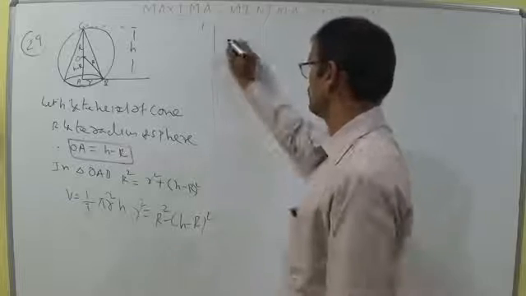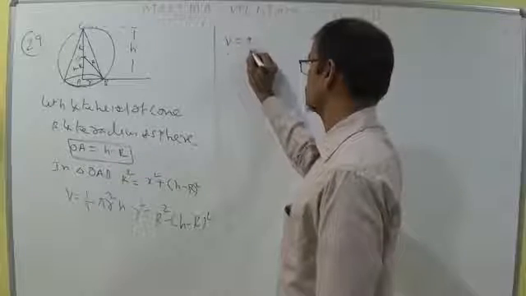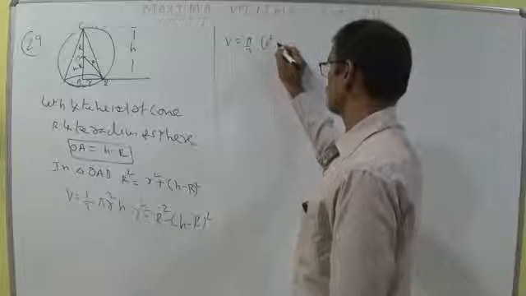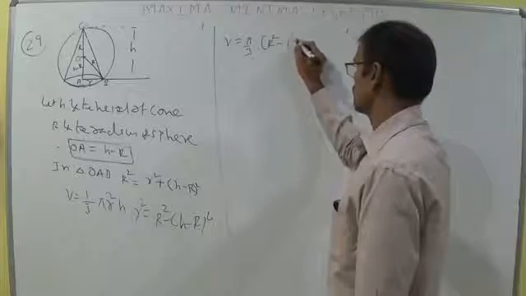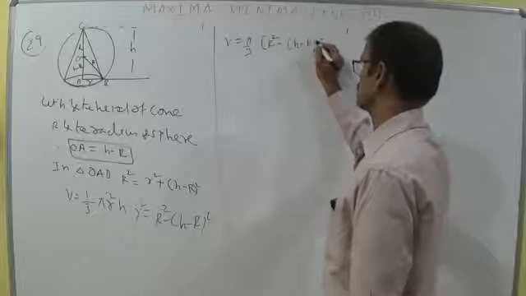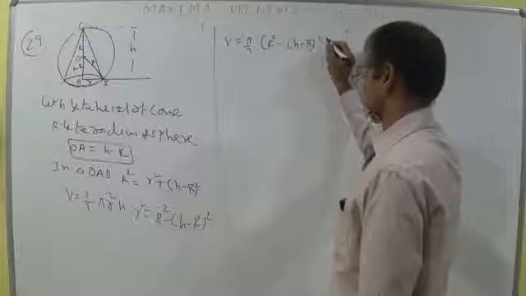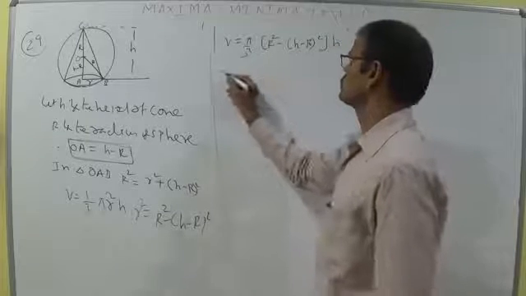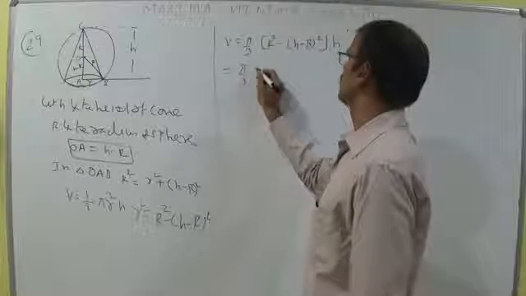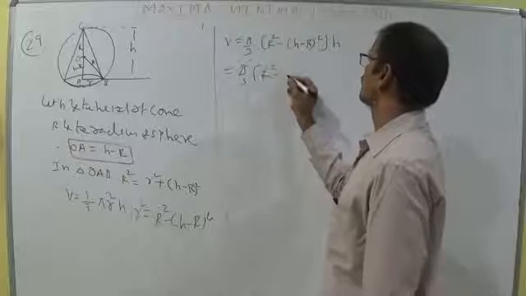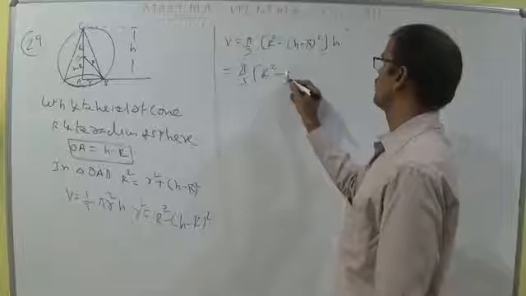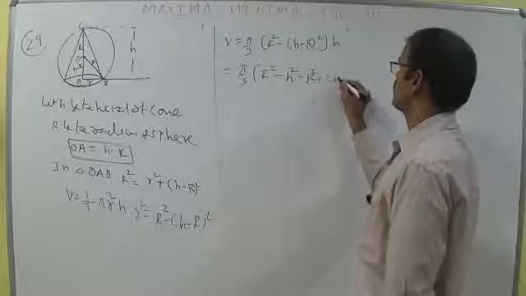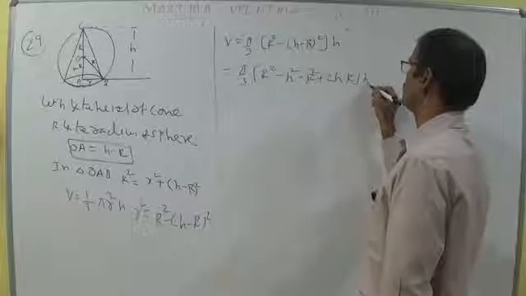So V is equal to pi by 3 into, instead of small r square we write capital R square minus H minus capital R whole square into H. So that is equal to pi by 3 into, expand this one, R square minus H square minus R square plus 2HR into H.